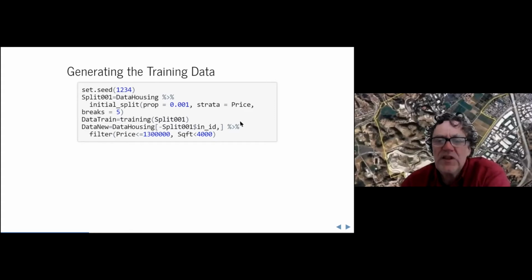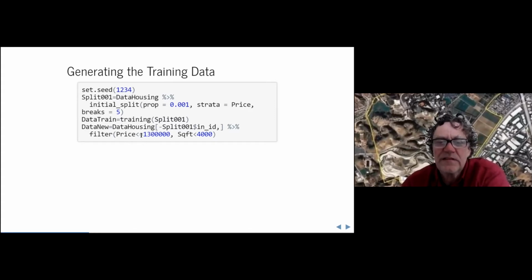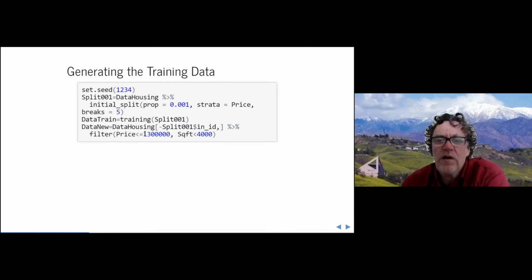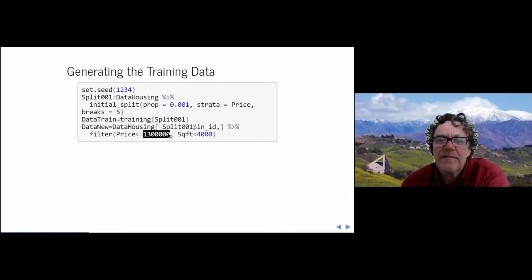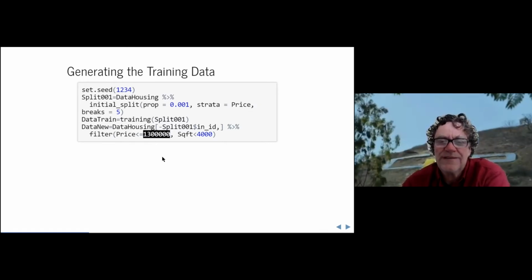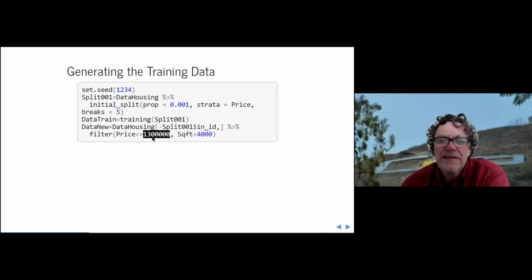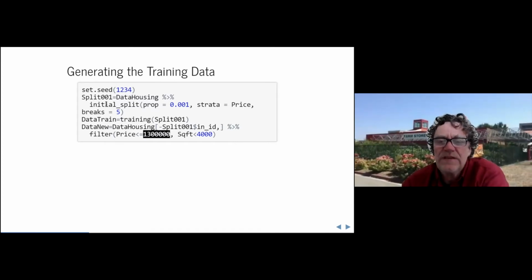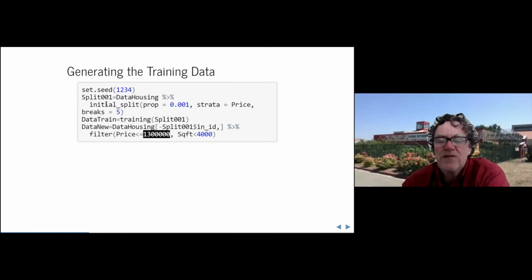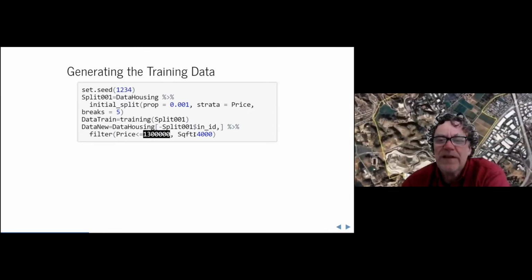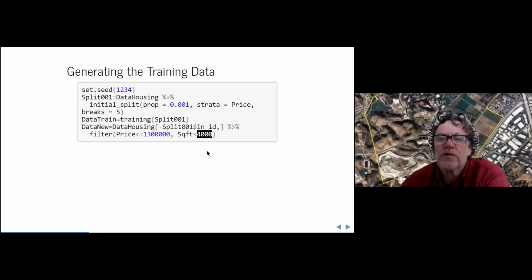We touch it later to see how good the quality is. These data new are filtered. We take out all the houses that are more expensive than 1.3 million. The reason for that is our training data, these 25 records, don't have any of these expensive and big houses.